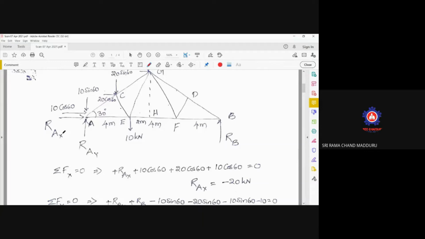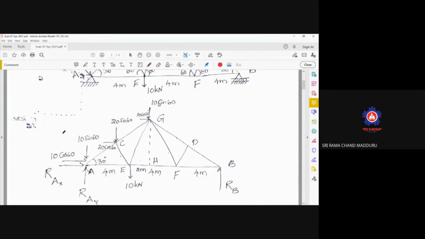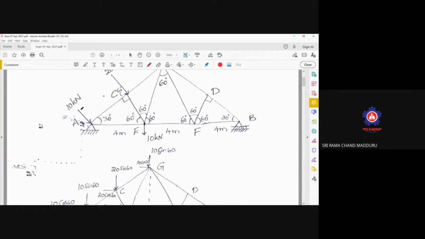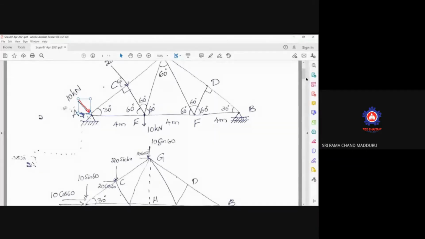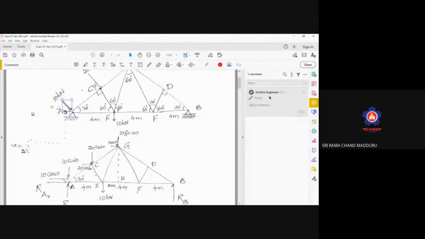RAX is nothing but sigma Fx is equal to 0. Here, what we have done initially is, as an inclined force is there, this inclined force is to be resolved along X direction as well as along Y direction, according to the angle.